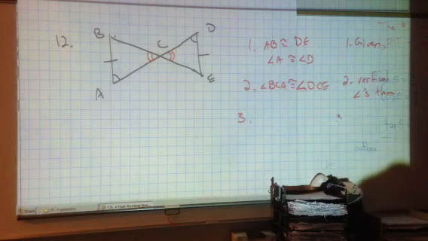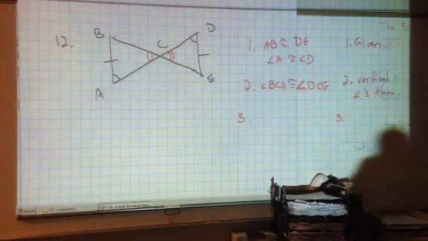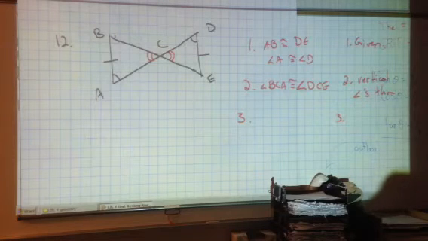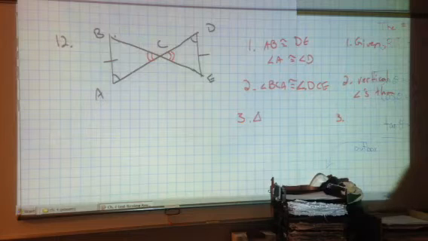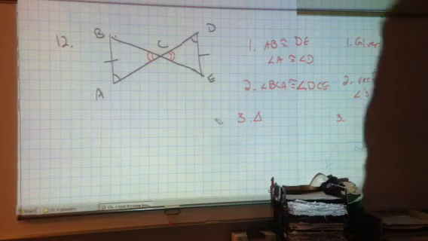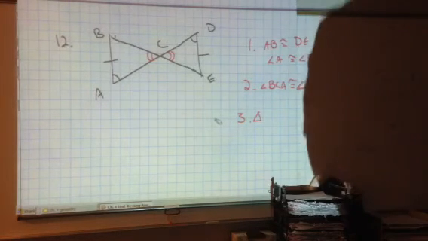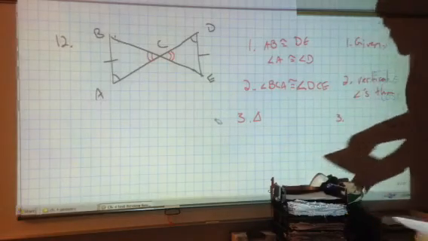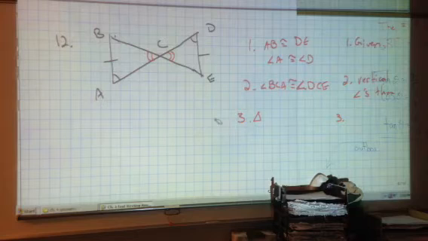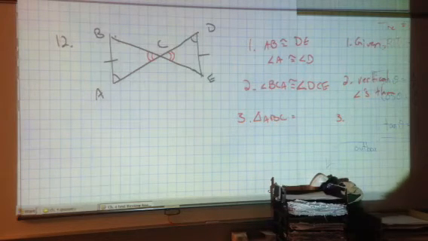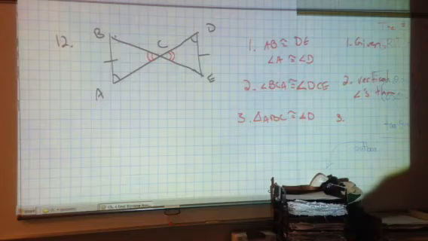All right, now I have enough information to show that the two triangles are actually congruent. So I'm going to say triangle, I'm sorry, what are they trying to prove? Let me grab my review sheet here. Trying to prove triangle ABC is congruent to triangle DEC.